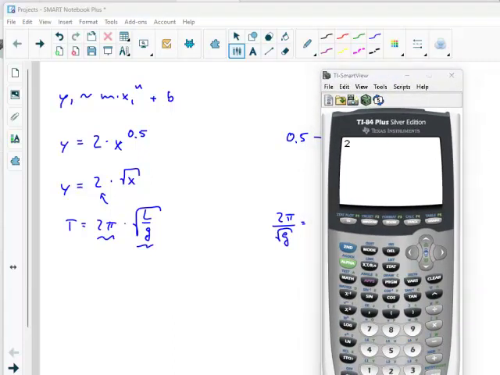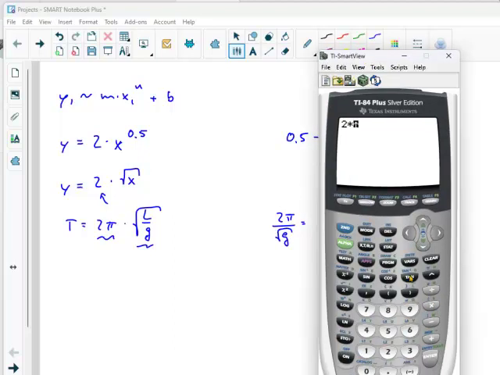So 2 times pi divided by the square root, let's see, there's the square root of 9.81, that's what we did in the experiment in the previous recording. I come up with 2.006, so the 2 that I rounded here was close enough, but it wasn't exact, because apparently it is 2 pi divided by the square root of g.